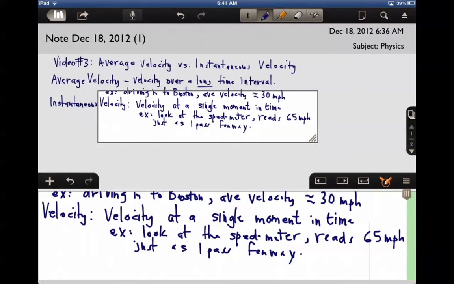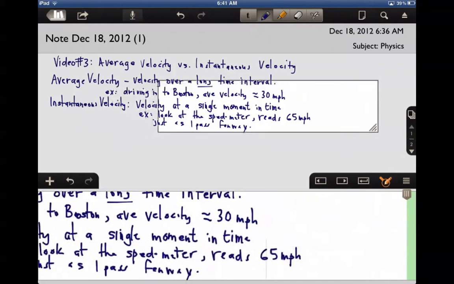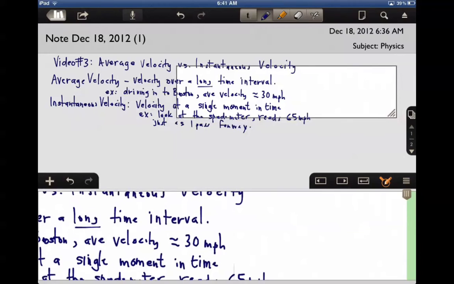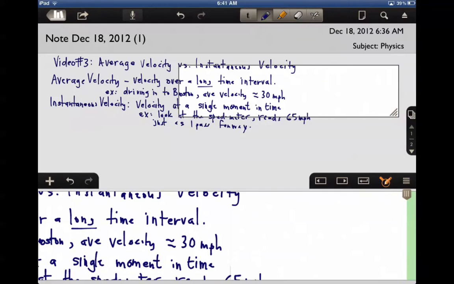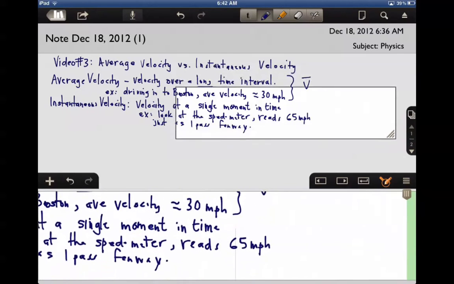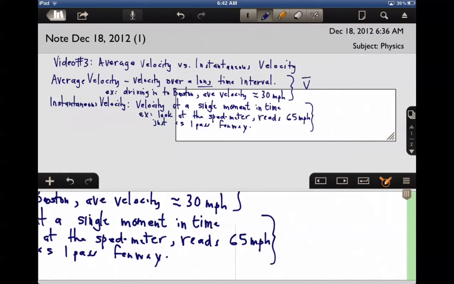Some symbols to be aware of. Average velocity is written like this, v with a bar over it, versus instantaneous velocities, which will now be written with subscripts, v1, v2, meaning first velocity, second velocity.